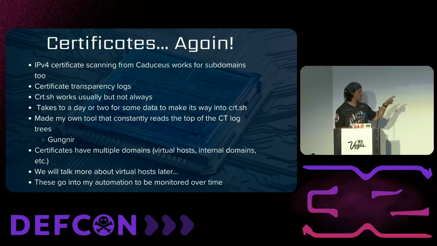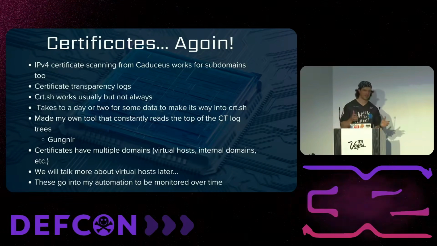It just scrapes the CT logs as fast as it can with exponential backoffs in case it gets rate limited, and then it catches back up. And it will give you a domain within seconds of that certificate getting created. So if someone creates newsite.example.com, it will show up in Gunnar in under 20 seconds. You'll know instantly.